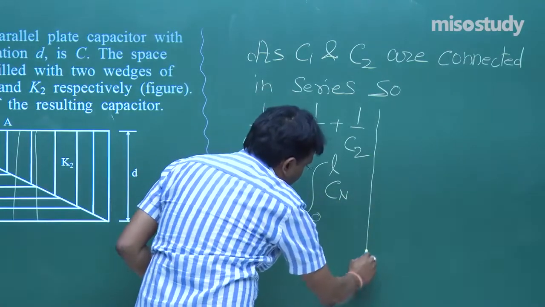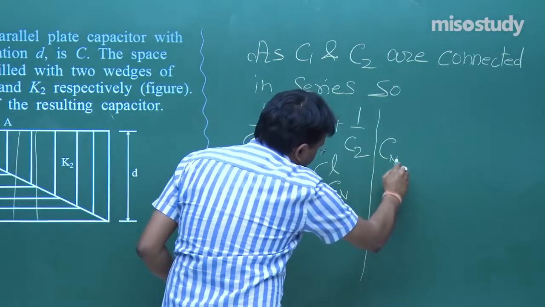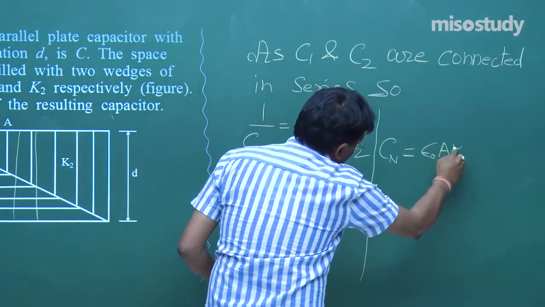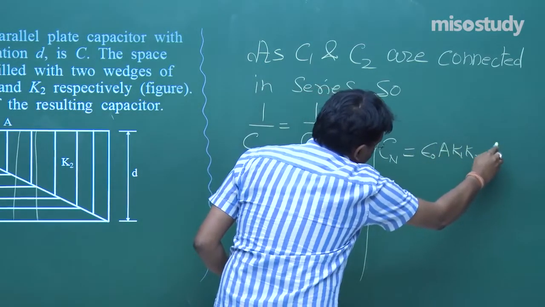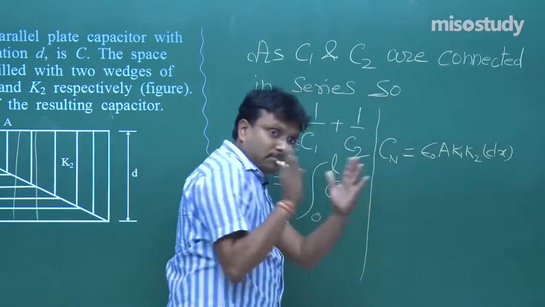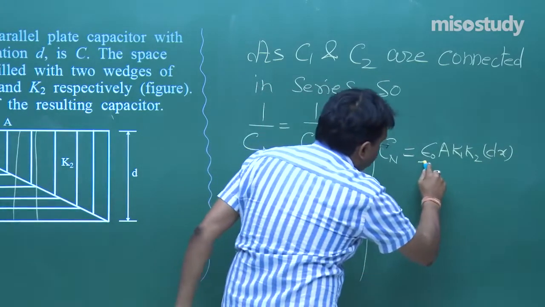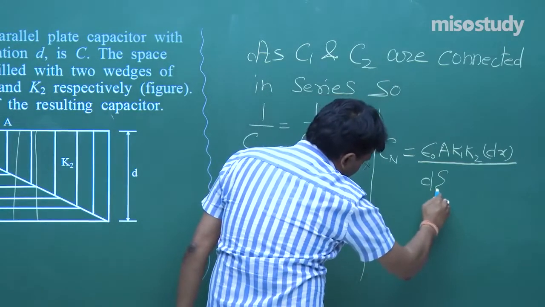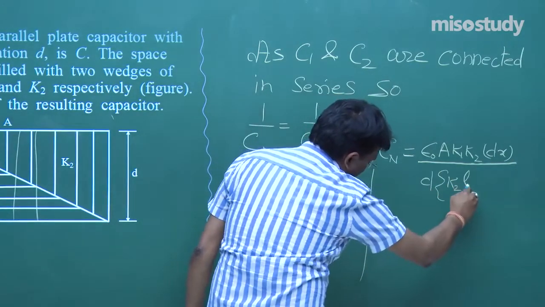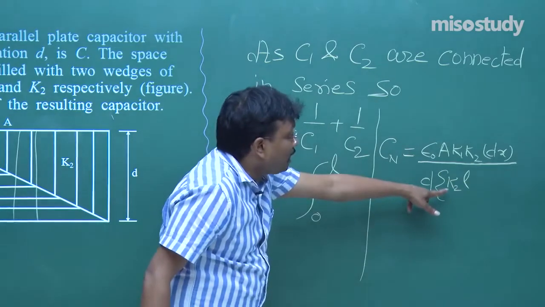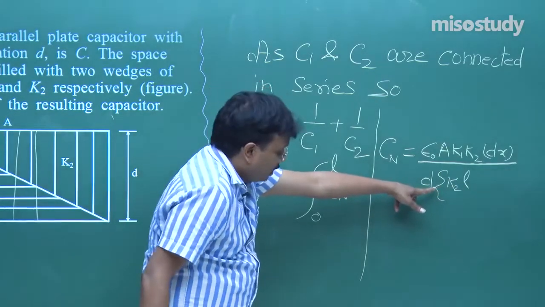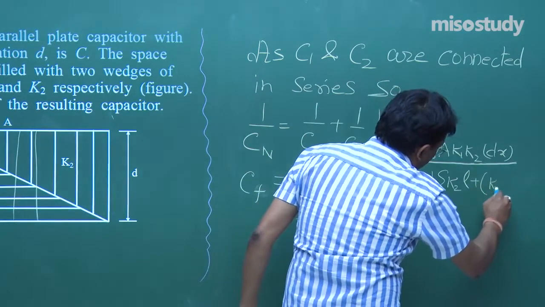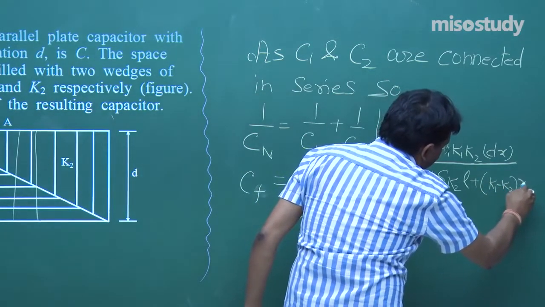You can easily get it by solving: epsilon naught A K1 K2 dx upon dx into d within the bracket K2L plus K1 minus K2 x.